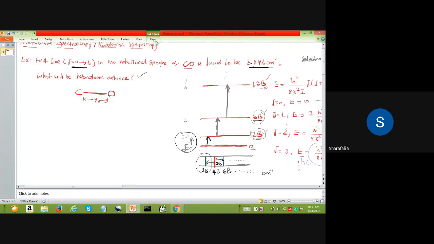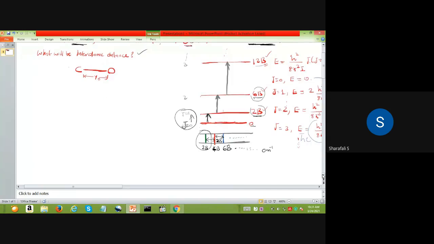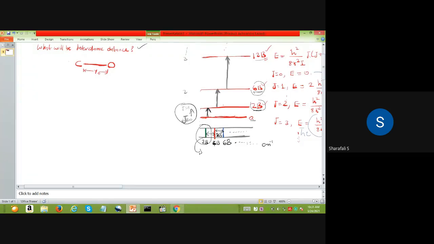So we are considering here the problem of carbon monoxide, which is the first transition from J equal to 0 to 1. It is observed as corresponding to this particular spectral line at this position, 3.842 centimeter inverse. That means this green line is coming at 3.842 centimeter inverse, that is in wave number.